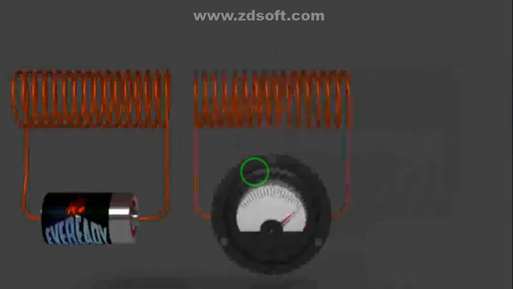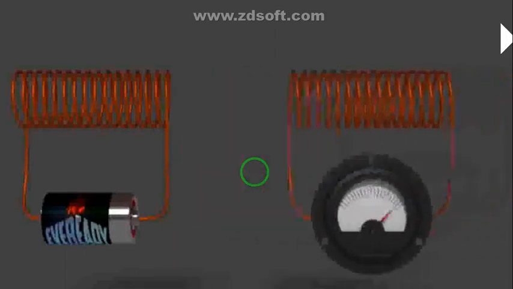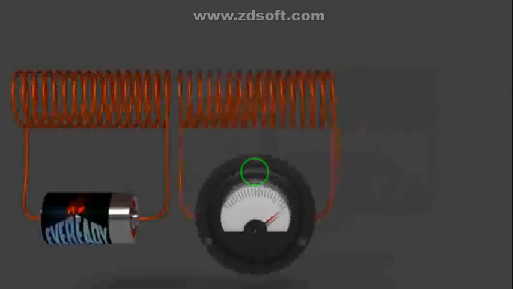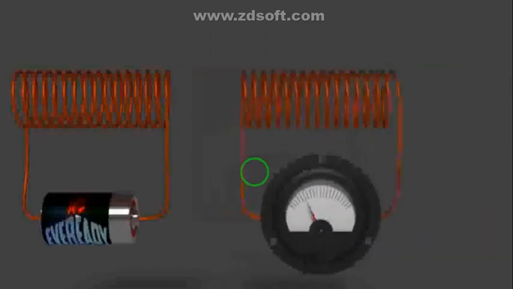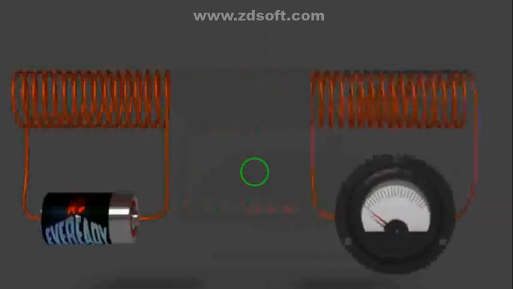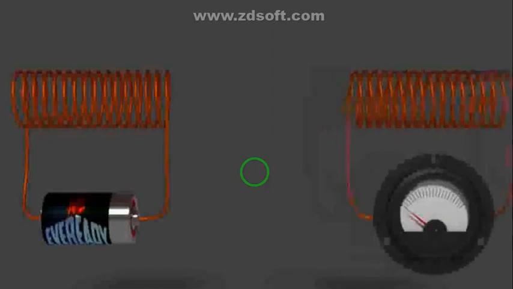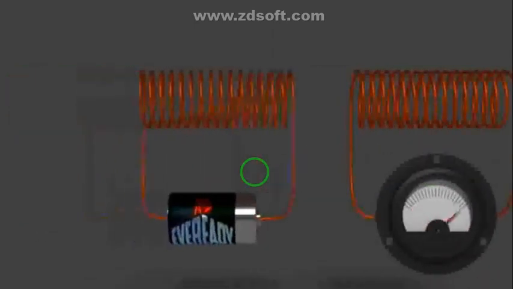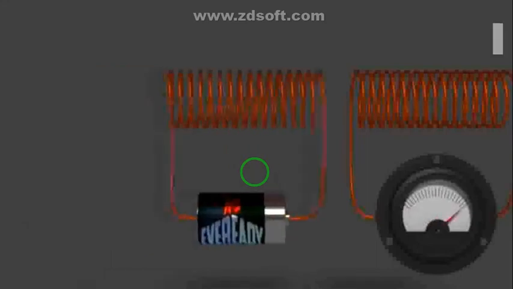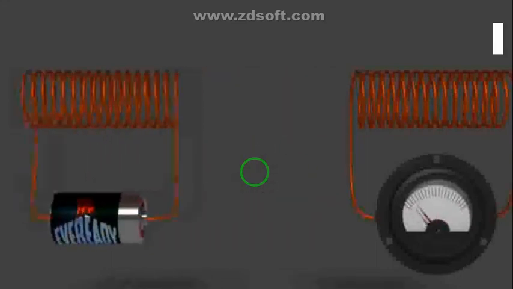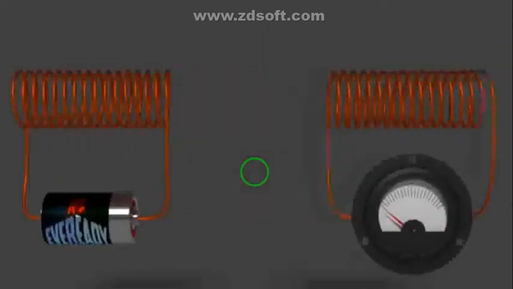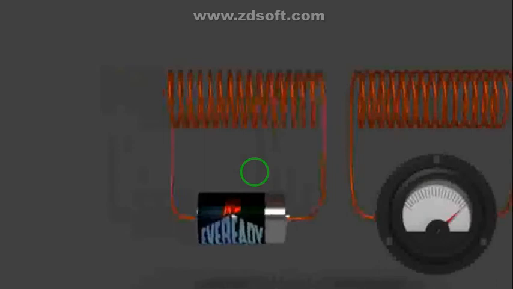From this we can understand that if we move the second coil faster inside the influence of the magnetic field of the first coil, we observe a faster deflection of the pointer in the galvanometer. The same thing happens when the first coil moves towards the second coil; there is a deflection in the galvanometer.